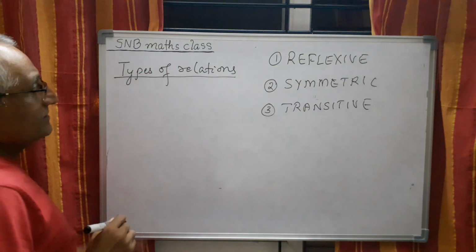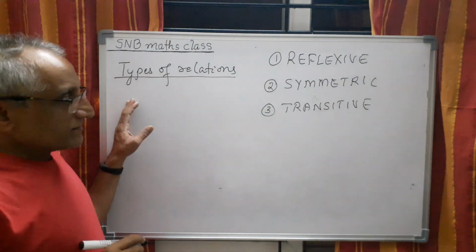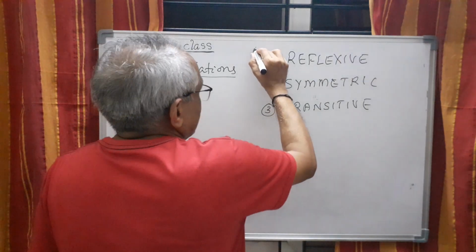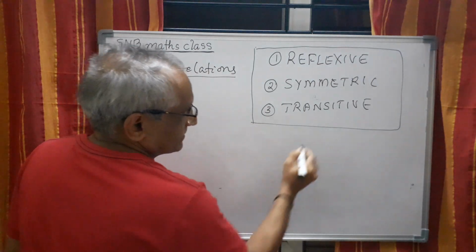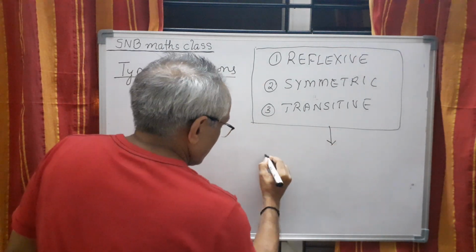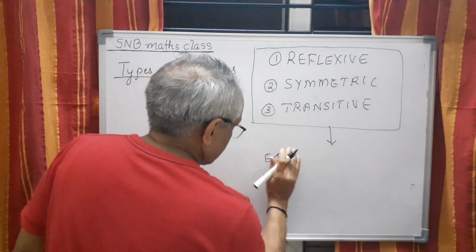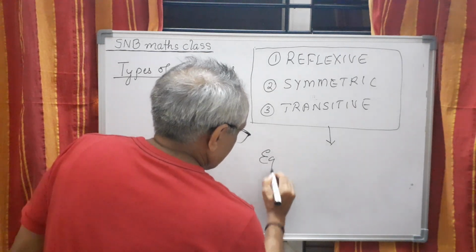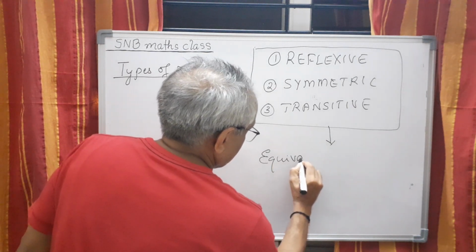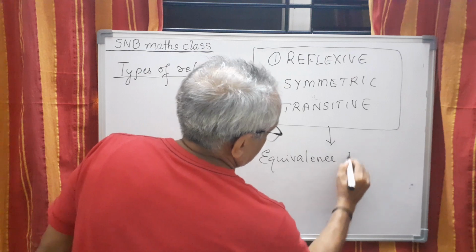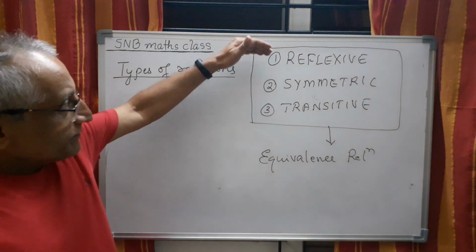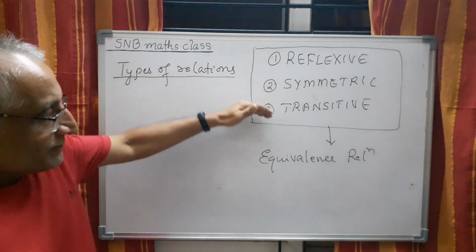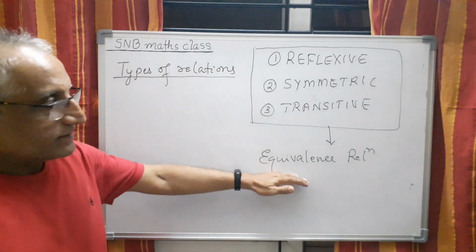So these are the three types of relations we are studying. And if a given relation is all these three, it is called an equivalence relation. That means a relation which is reflexive, symmetric and transitive is called an equivalence relation.